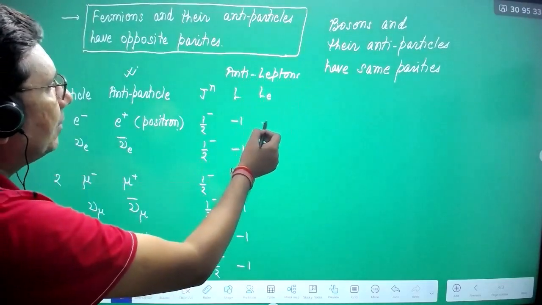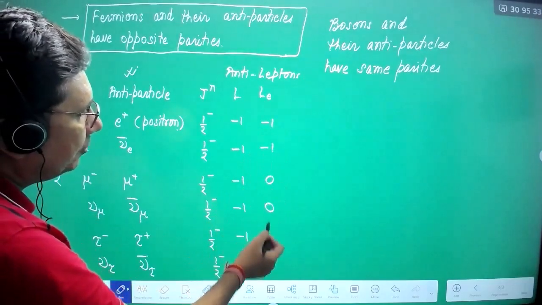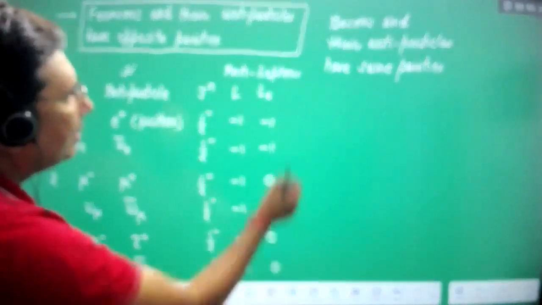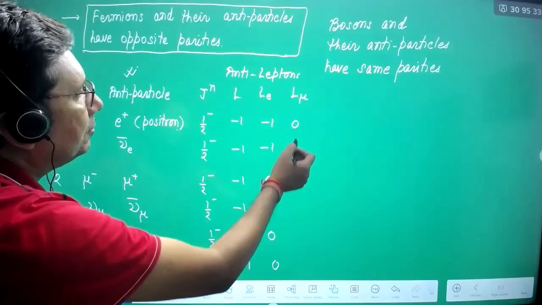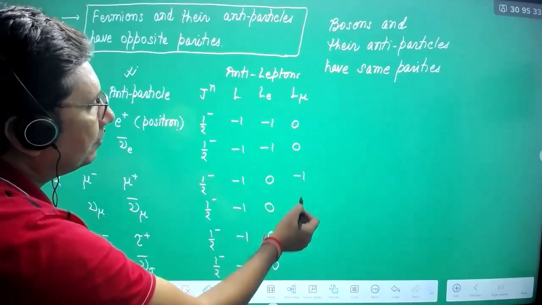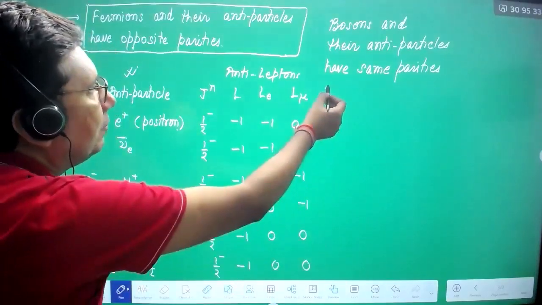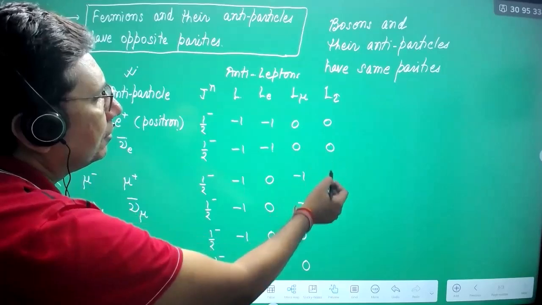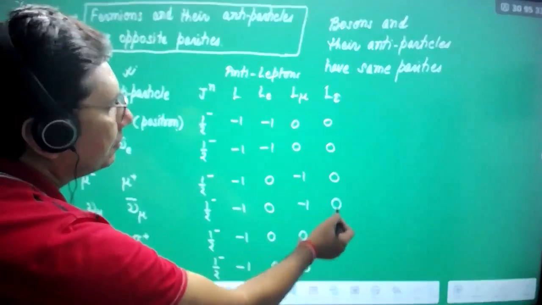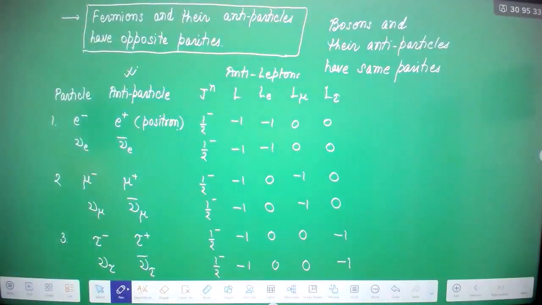For this it will be minus 1, and this will be minus 1. For others, it will be 0. If you look at L mu, this will be 0, 0, then minus 1, minus 1, then 0, 0. If you write L tau, this will be 0, 0, 0, 0, and then minus 1, minus 1, minus 1.